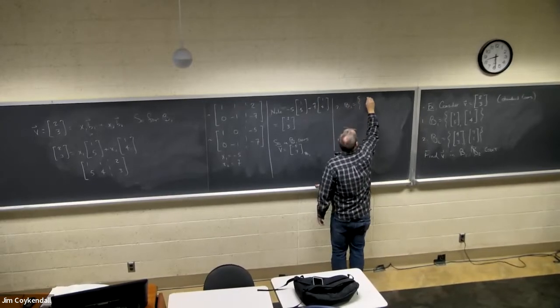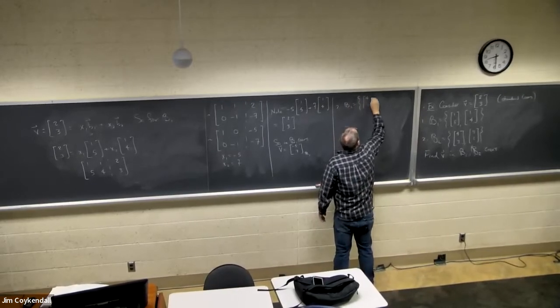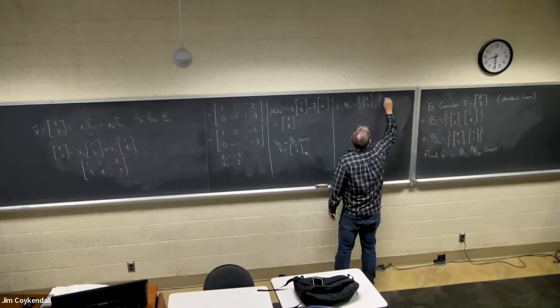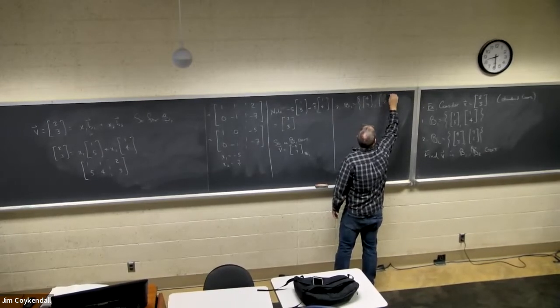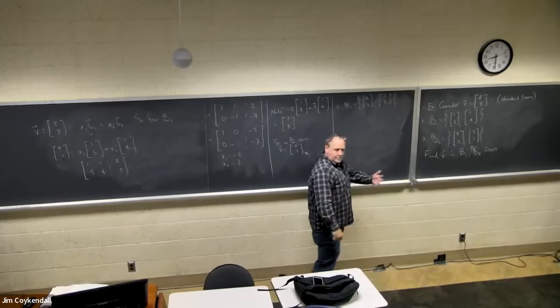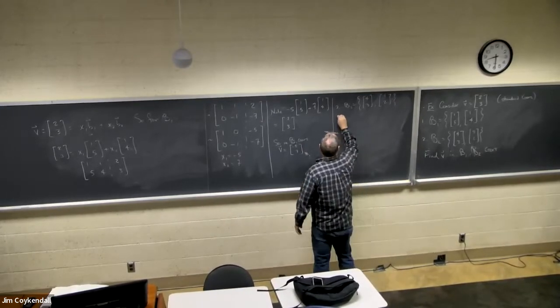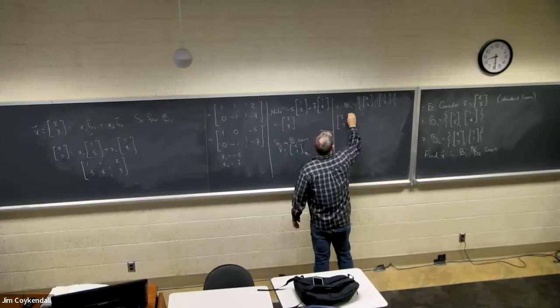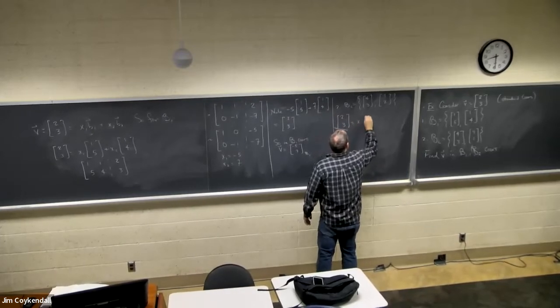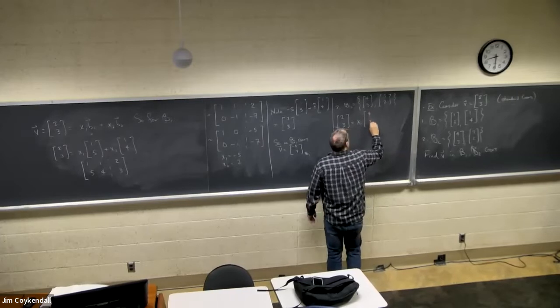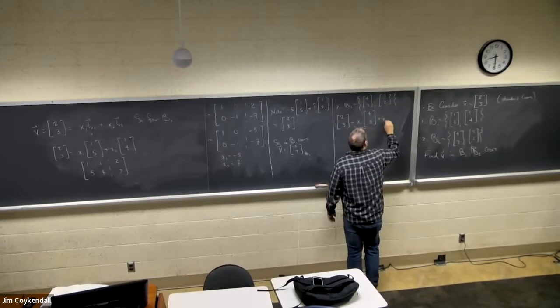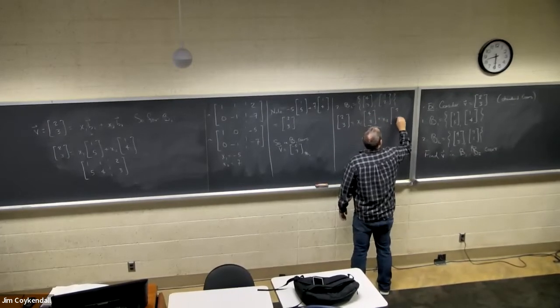The basis now is (4, 3), (3, 2). And the procedure you go through is exactly the same. What you want is you want vector V, which is (2, 3), to be X1 times (4, 3) plus X2 times (3, 2).